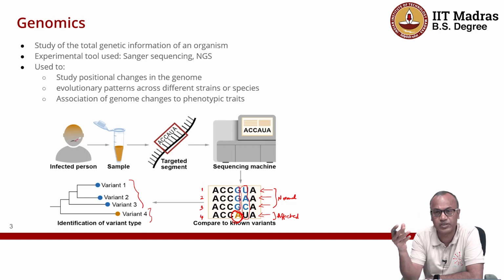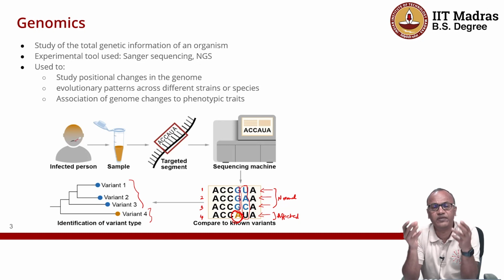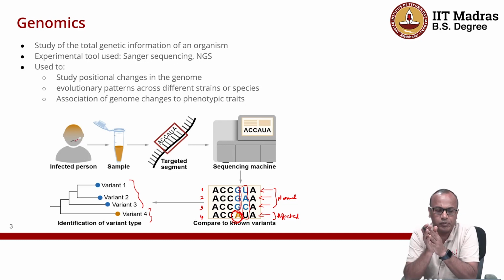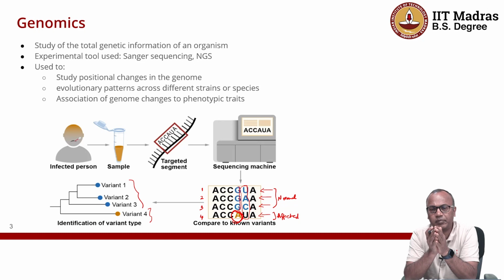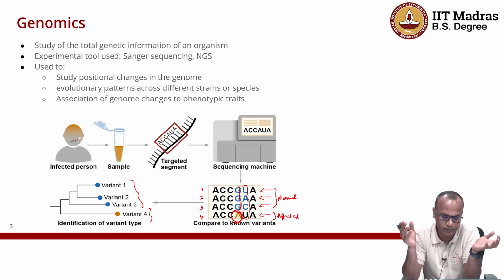So that's an association we can make, but we'll discuss that in a bit more detail later on. That's genomics. It's one of the easiest ways of identifying differences amongst individuals of a population. If you were to take a large number of individuals of a population, you can actually study how much change is happening within a population, how different each individual in a population is from the others.